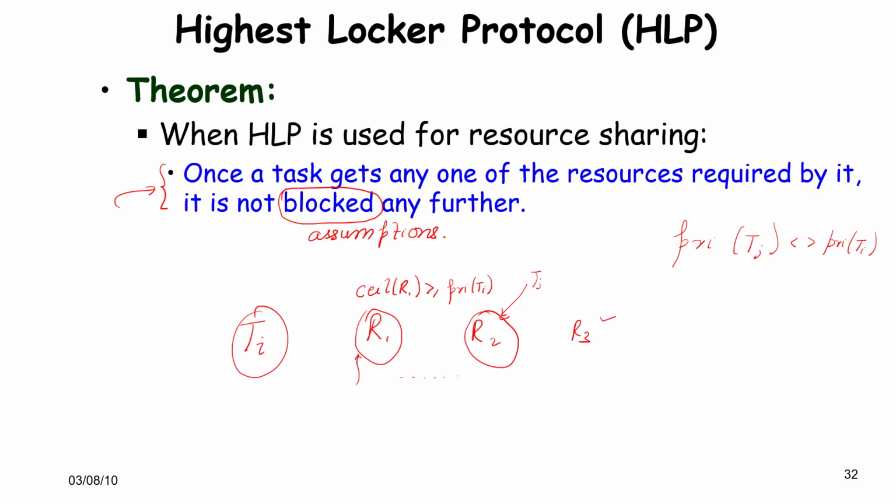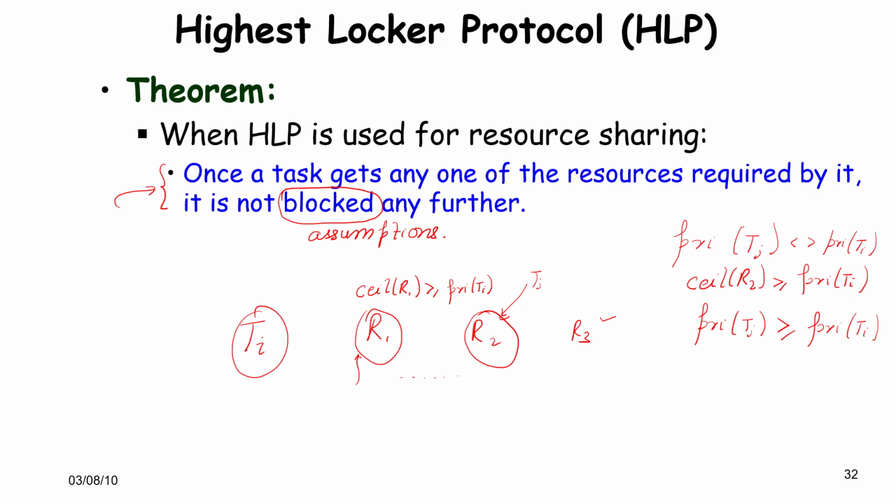So what we need to understand is that the priority of Tj is nothing but ceiling of R2, which is guaranteed to be greater than the priority of Ti, because Ti is also interested in R2. We have that the priority of Tj, which holds R2 just before Ti acquires R1, is greater than or equal to the priority of Ti, right?